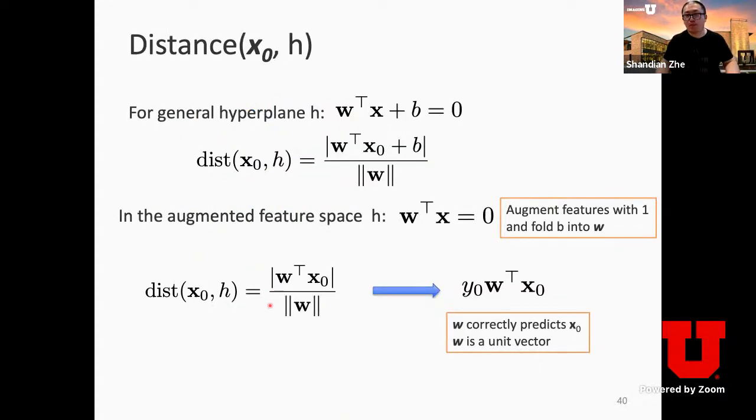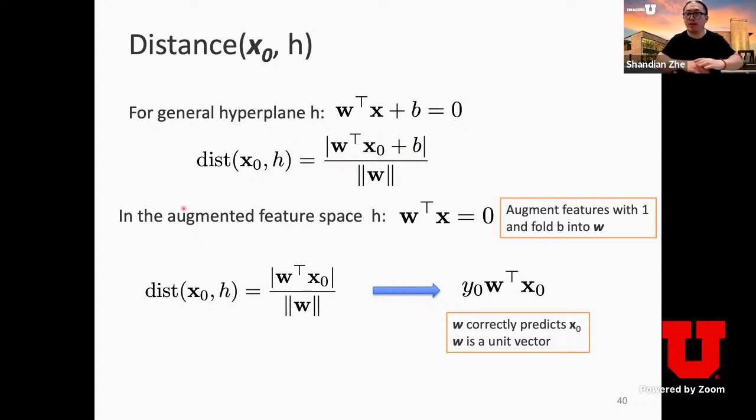And then we reviewed how to calculate the distance between any point in this high-dimensional space and the separating hyperplane. This is a general formula. I bet everybody has seen this formula before, so I just list it here.